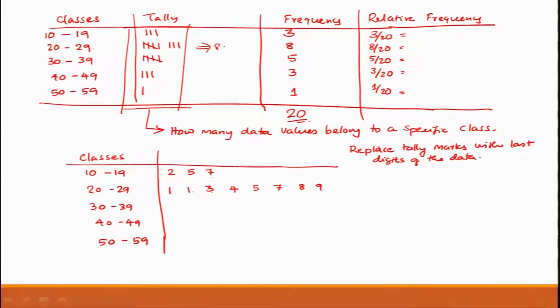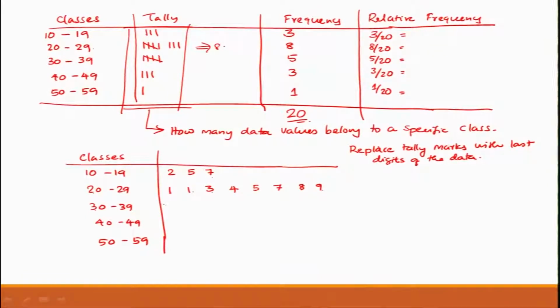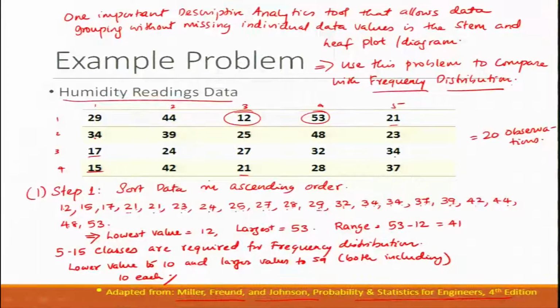Now, if you look at the 30 to 39 class, we have 32, 34, 34, 37, 39. So, 2, 4, 4, 7 and 9 are the last digits. Similarly, for 40 to 49, we go back and see that 42, 44 and 48, 3 values, with last digits 2, 4 and 8, are available here.